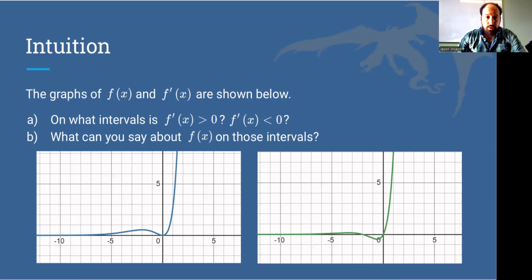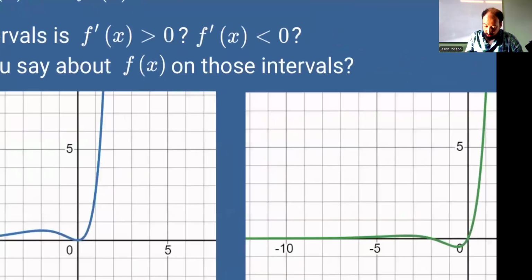So in blue on the left is a graph of a function f of x. And in green on the right is a graph of its derivative. So this says, where is the first derivative positive or negative?